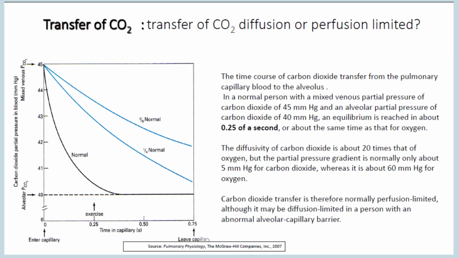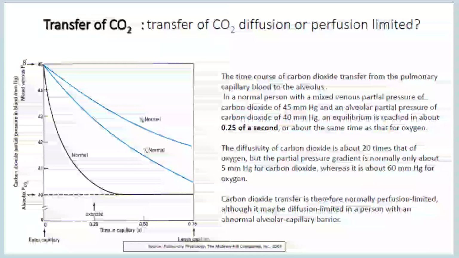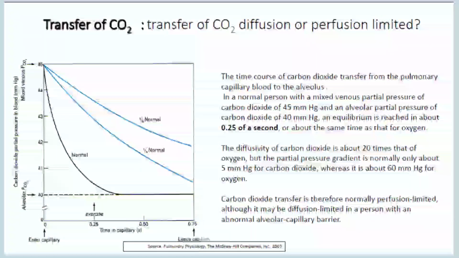But the diffusivity of carbon dioxide is about 20 times that of oxygen, while the partial pressure gradient is normally only about 5 millimeters of mercury for carbon dioxide, whereas it is about 60 millimeters of mercury for oxygen.